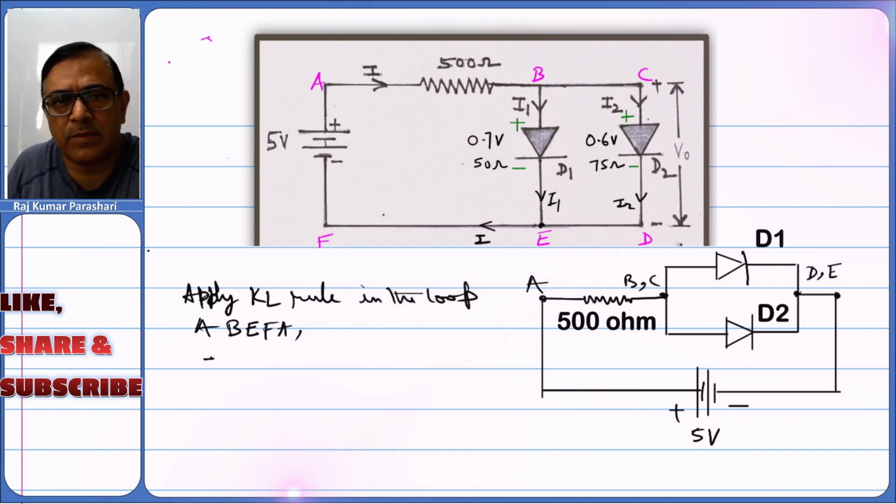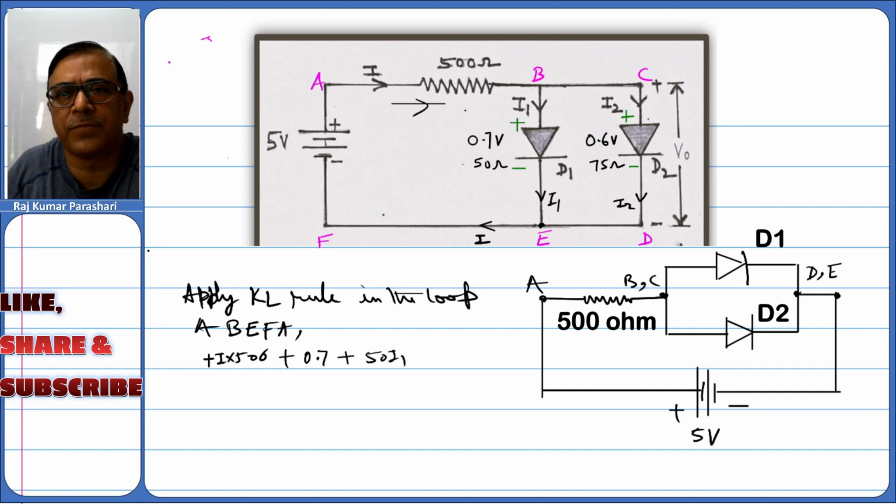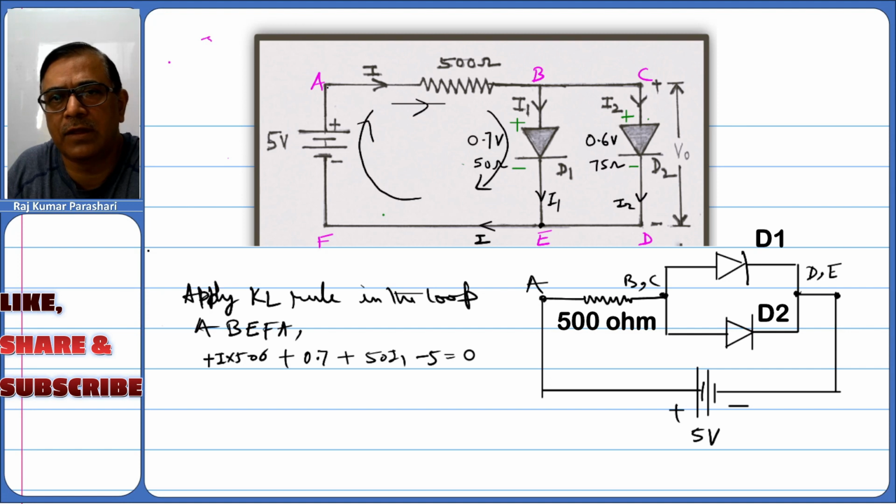Thus, plus I times 500 as current passes through the 500 ohm resistance, and then plus 0.7 plus 50 I1 as current passes through diode D1, and then minus 5 equals 0 as current passes through the battery, or 500I plus 50I1 equals 4.3. This is relation number 1.